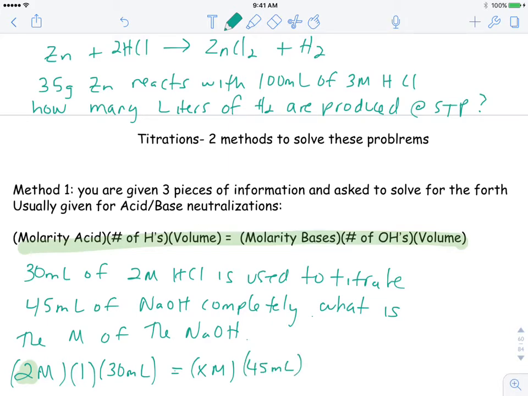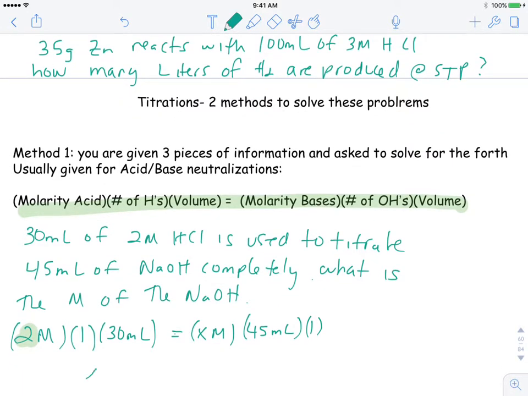The number of OHs in NaOH is 1. So if I solve for this, I get X is equal to 60 divided by 45. So when I do this, I get 1.33 as my molarity.